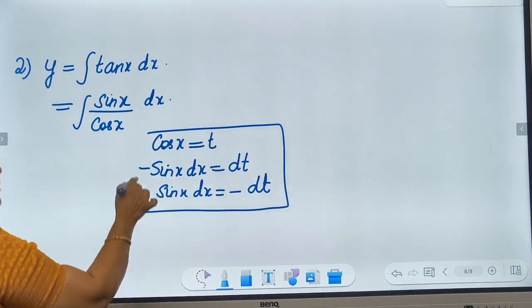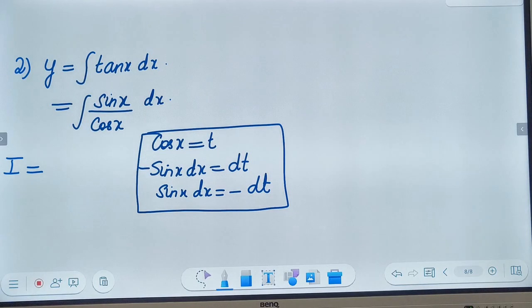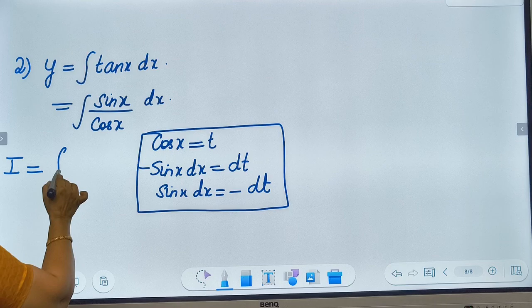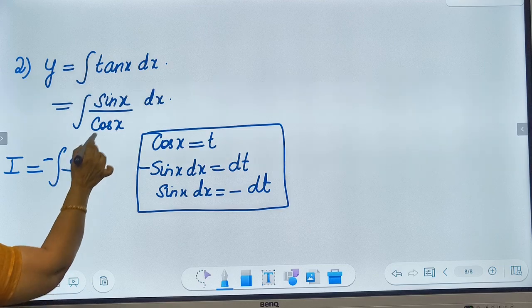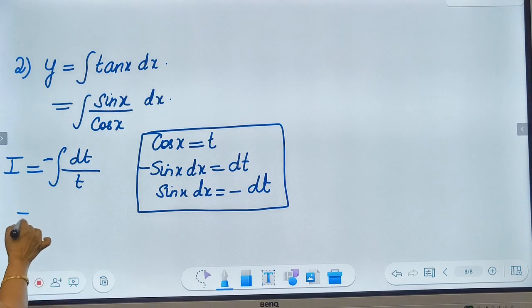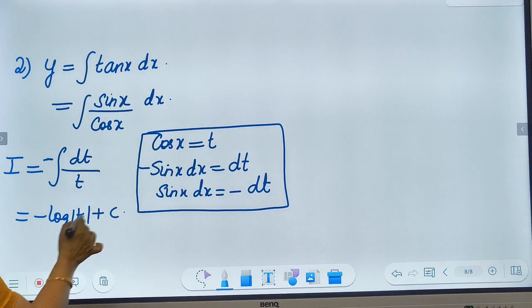Very important step is this. Now recognize that I equals the integral of minus dt by t, since cos x is t. So this is minus log mod t plus c.